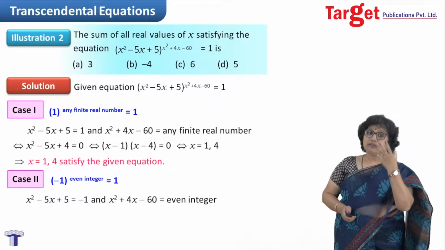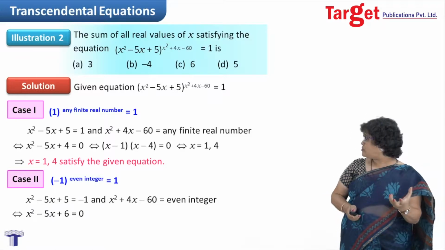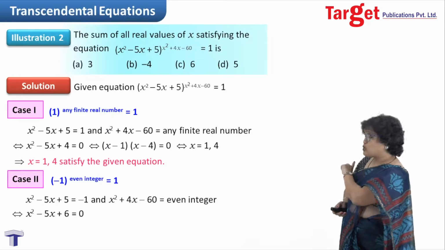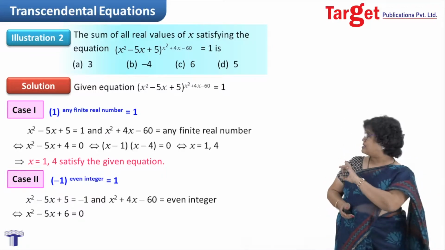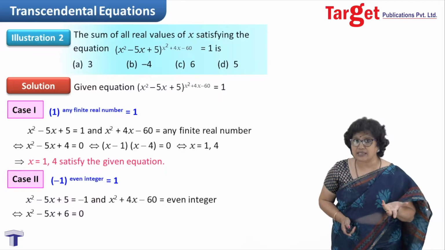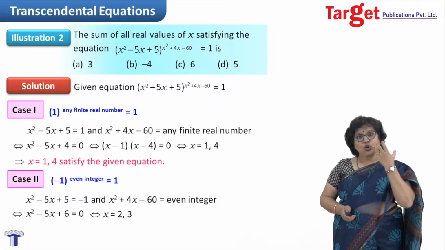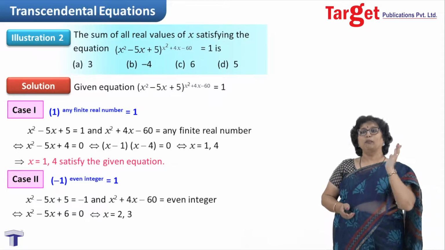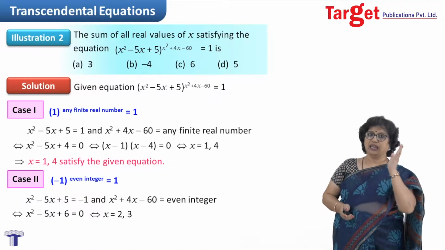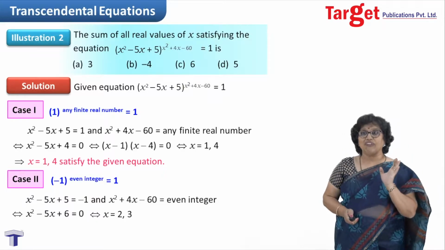So when I simplify further, x square minus 5x plus 5 equal to minus 1, I get x square minus 5x plus 6 equal to 0. And this will give me answers x equal to 2, x equal to 3. Now my question is, do both values of x make x square plus 4x minus 60 an even integer? We do not know. We will have to check.